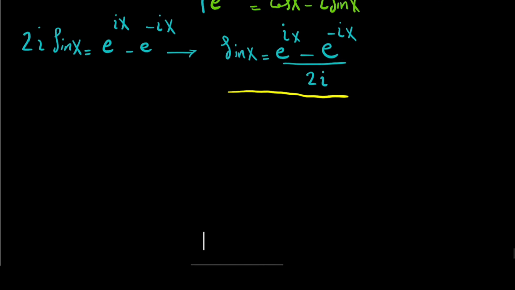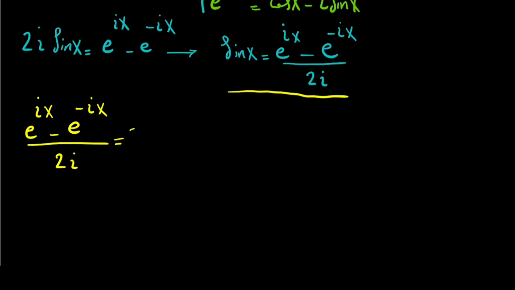So instead of sine x, I want to use e to the power of ix minus e to the power of minus ix divided by 2i equals 3. Nice. So it means e to the power of ix minus 1 divided by e to the power of ix minus 6i equals 0. Isn't it nice?